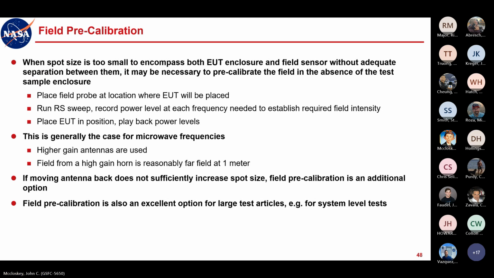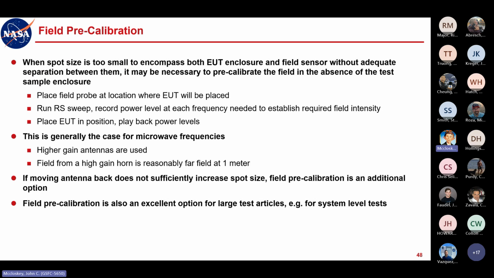So as I got more familiar with the pre-calibration method and we've implemented it on a few tests, I've come to the conclusion, or at least my own belief, that it's a more representative way of testing for that very reason.